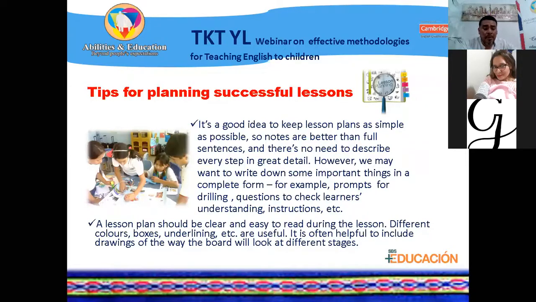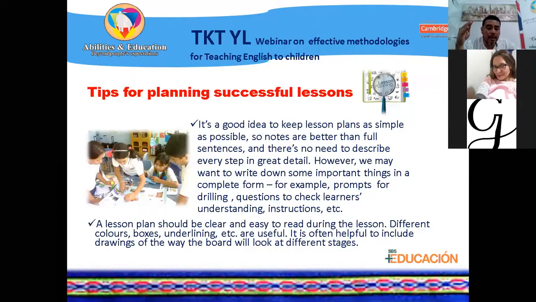A lesson plan should be clear and easy to read during the lesson. Different colors, boxes, underlining, etc. are useful. It is often helpful to include drawings of the way the board will look at different stages. Imagine that something happens to you and you cannot deliver the lessons next week.